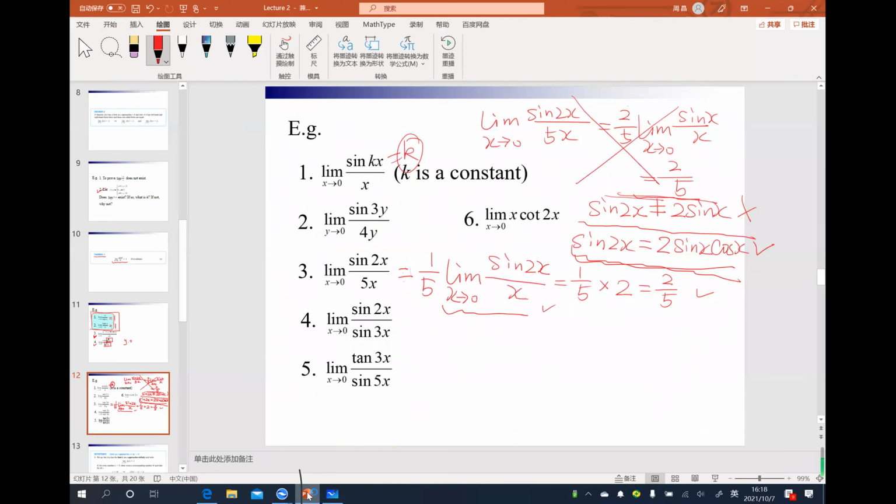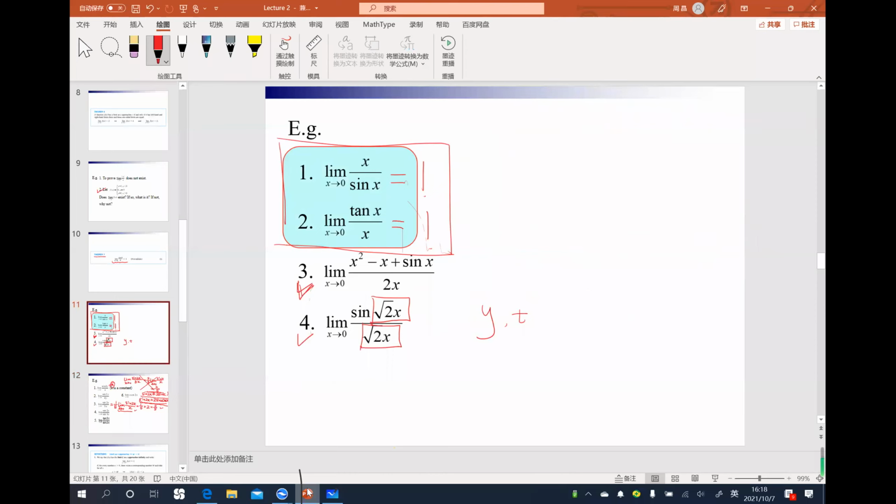And this is question number 4. And question number 5 is similar to question number 4, because here we use the formula number 2.